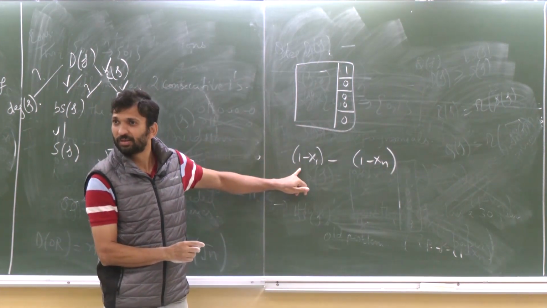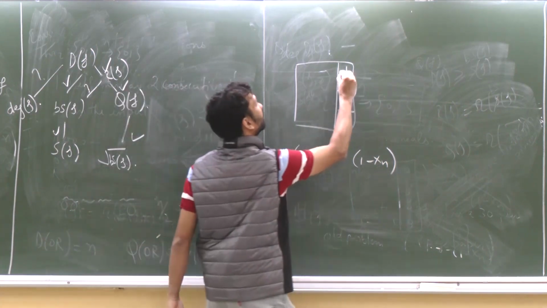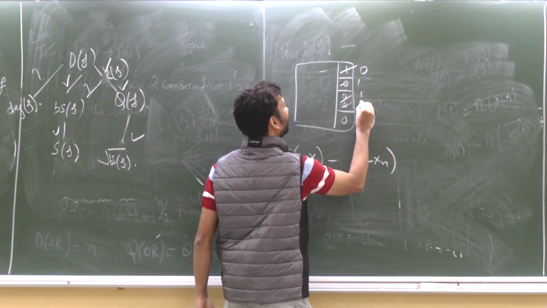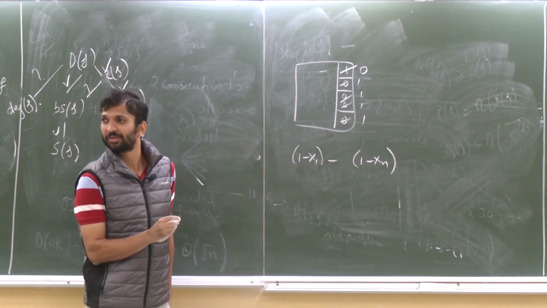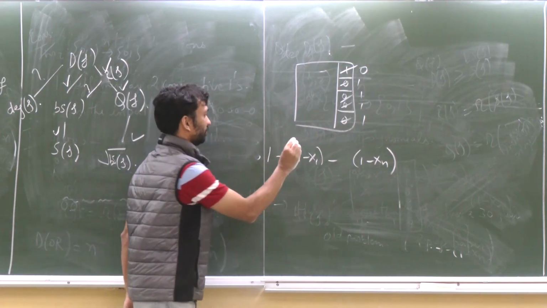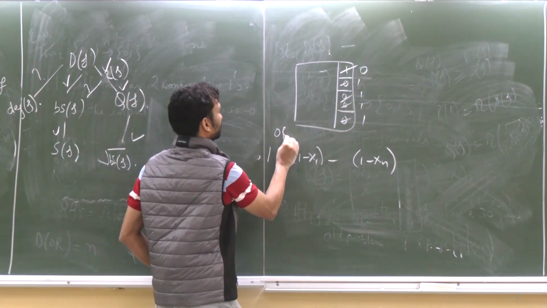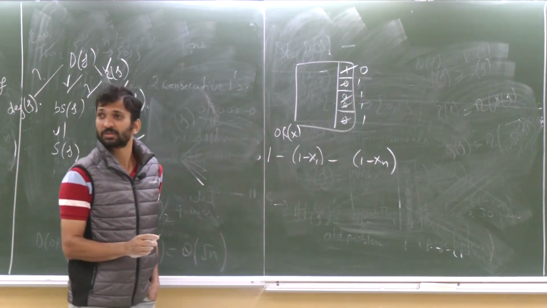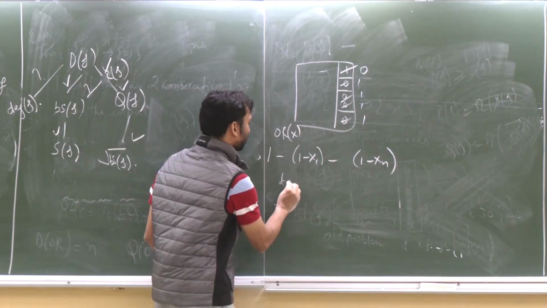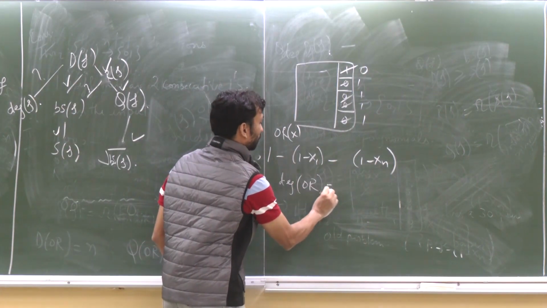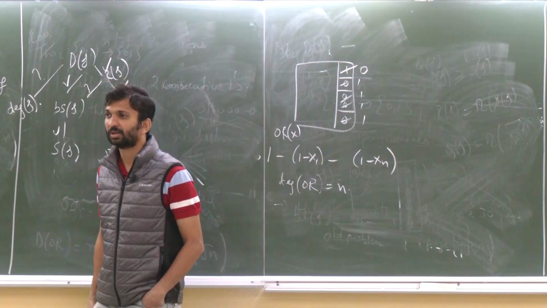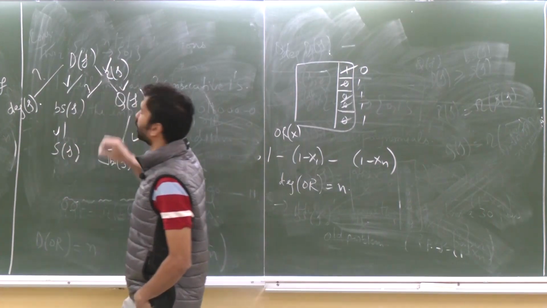Correct, this we have done. What is OR? Correct. So what is the degree of OR? N. Correct. Can degree be a lower bound on Q f?